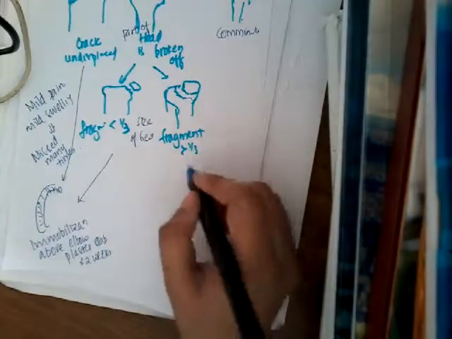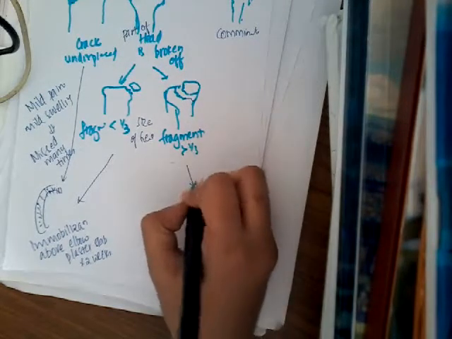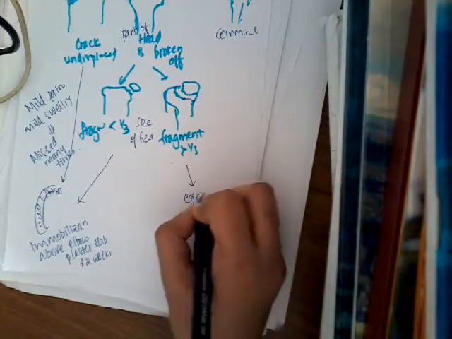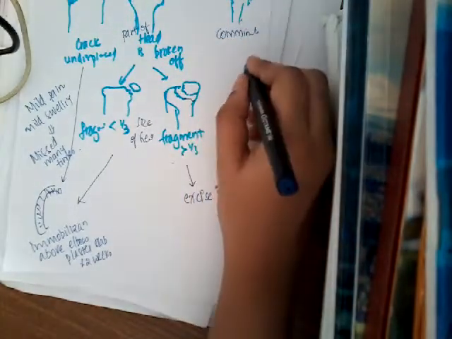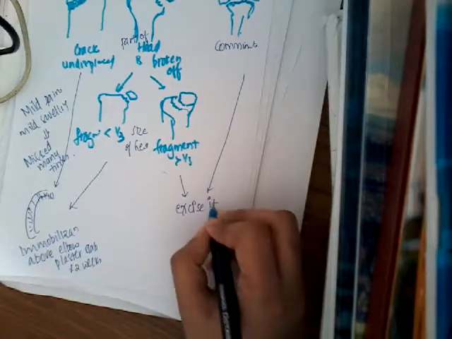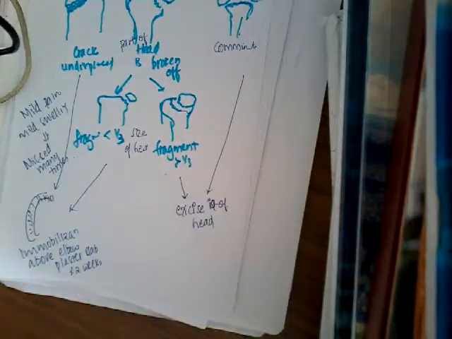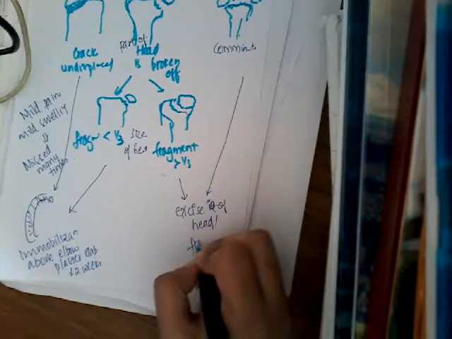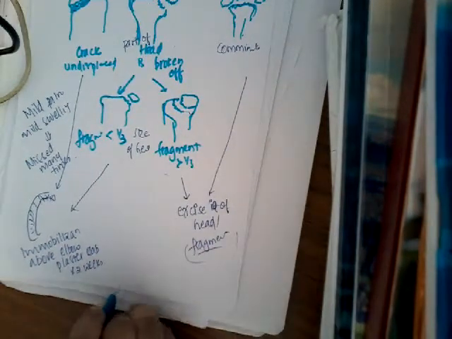If the fragment is more than 1/3 the size of the head, you will have to excise it. You cannot do anything but excise it. If it's a comminuted fracture, even then you will have to do excision of the head, or excise the complete fragments. So this is how you will treat the fracture of head of radius.